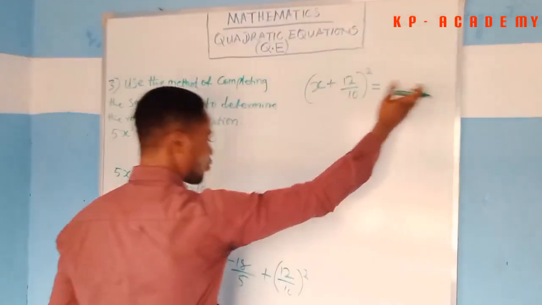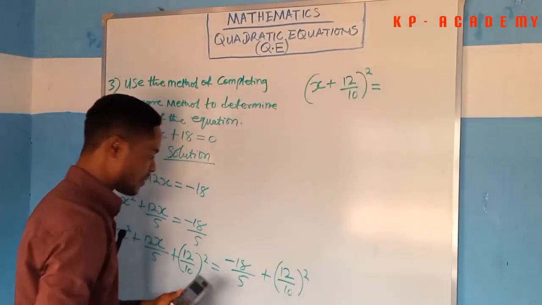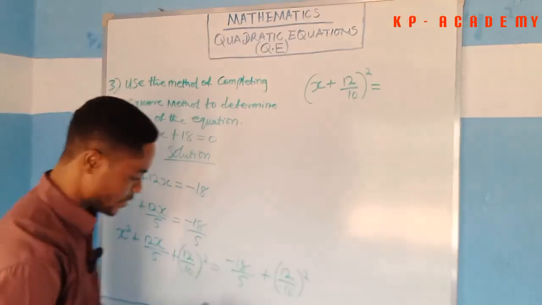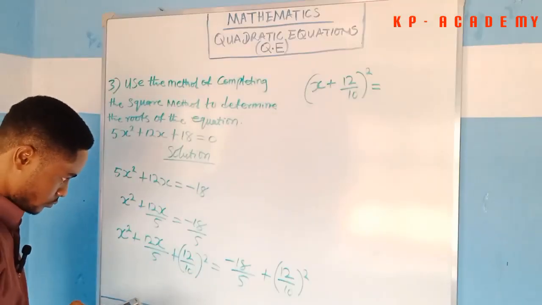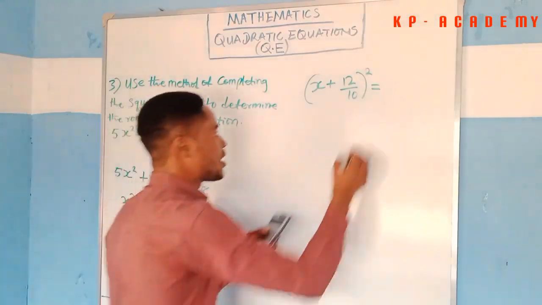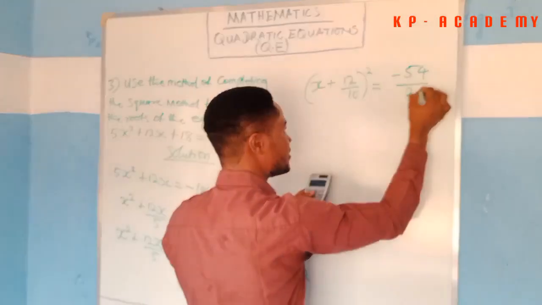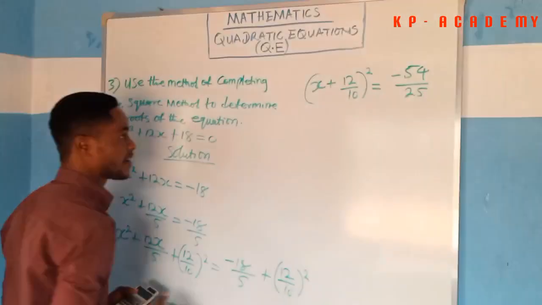So now this is equal to what? The whole of this. So let me, with my calculator here, evaluate the whole of this and write the answer here. So I will have minus 54 all over 25. This now is actually the whole of this right-hand side.